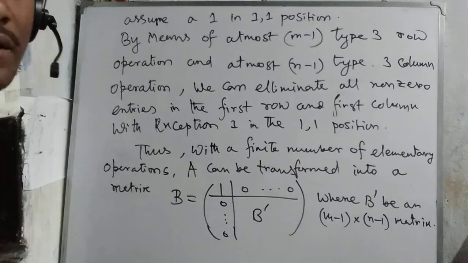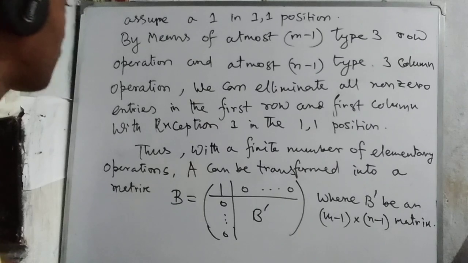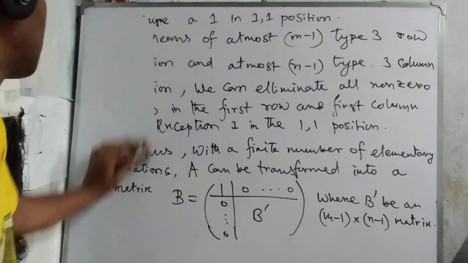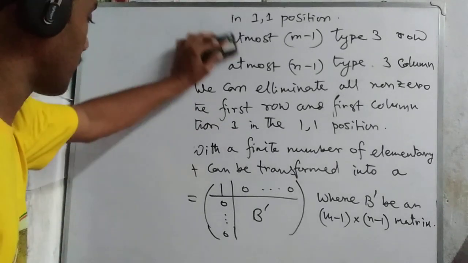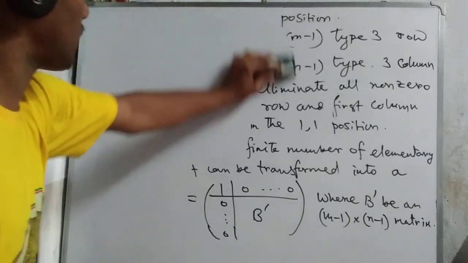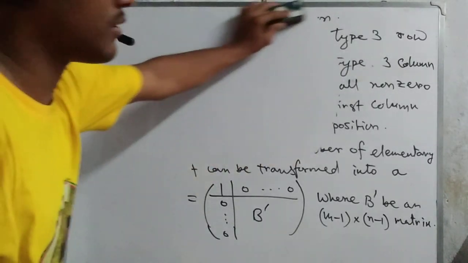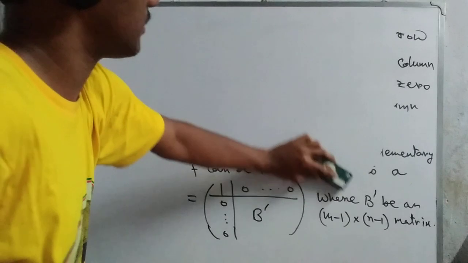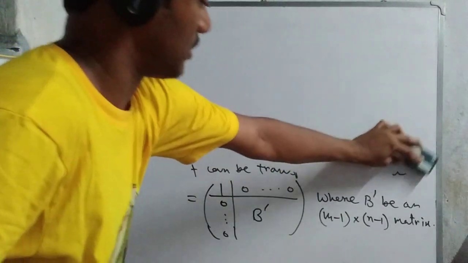Then we erase our portion and go to further discussion of that. We also obtain this one. Understood?